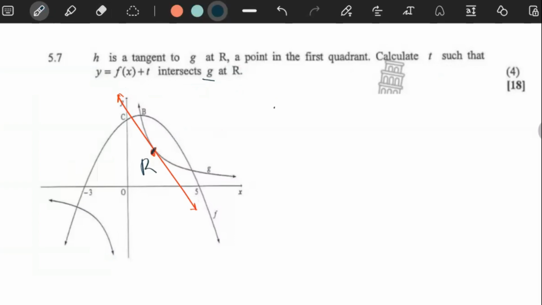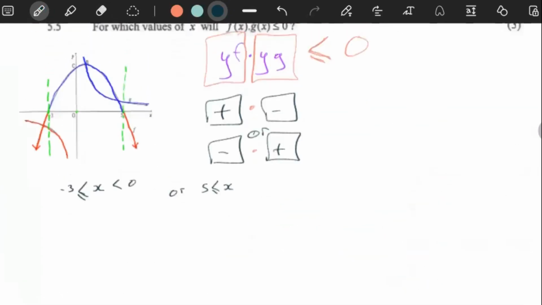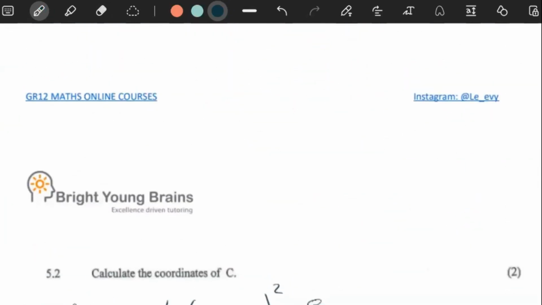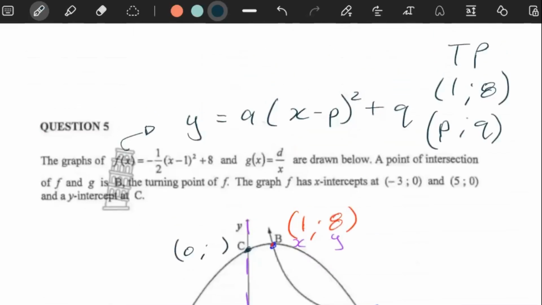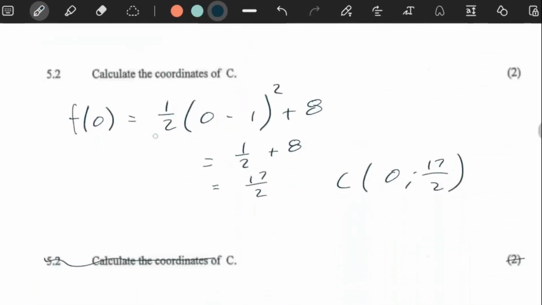Well, what is the equation of f of x? The equation of f of x is up here. So what do we have up here? The equation of f of x is this equation here, -1/2 and all that. Oh no, it means I made a mistake here because if this is a -1/2, this would have been 7.5.